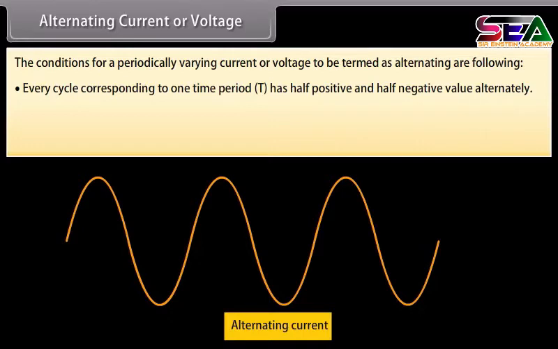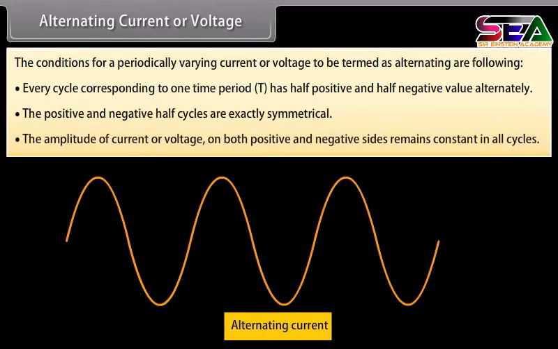In case of current, it means that the direction of current reverses after every half cycle, and in case of voltage, the polarity of potential difference reverses after every half cycle. The positive and negative half cycles are exactly symmetrical. The amplitude of current or voltage on both positive and negative sides remains constant in all cycles.